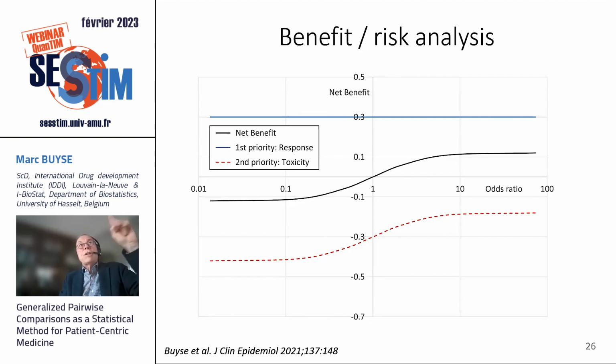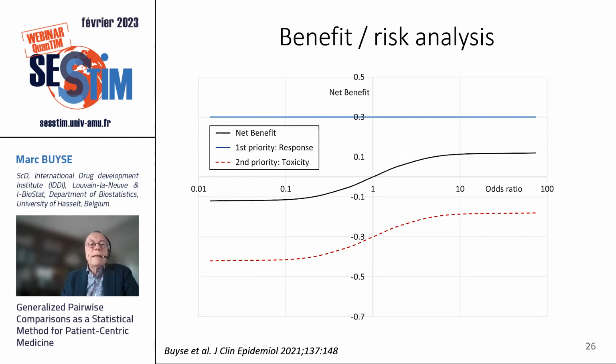So it's analyzed conditionally on having a tie on the first outcome, which is the response. So for patients who are tied on response, then I untie them with the toxicity. And this is the dotted line here that I see. The sum of these is in fact the black line. So the sum of the blue and the dotted red line is the black line. That's the total net treatment benefit.